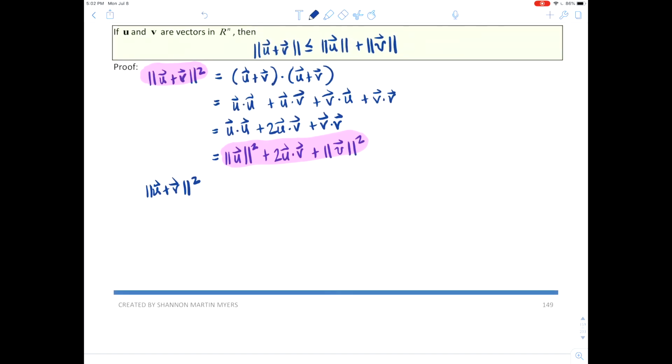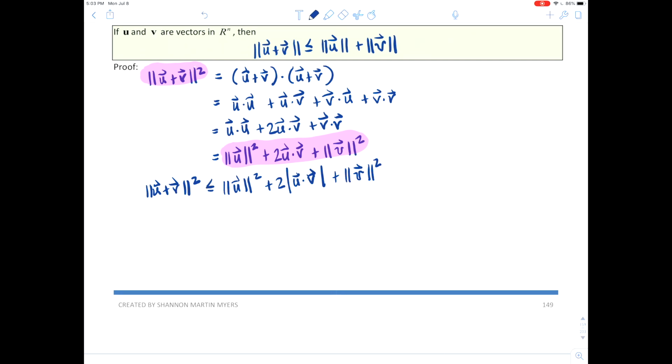Why don't we go ahead and say that this is less than or equal to the magnitude of u squared plus 2 times the absolute value of the dot product of u and v, so we can apply that theorem, plus the magnitude of v squared. Groovy?